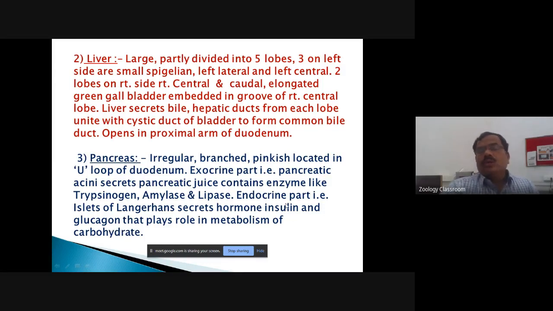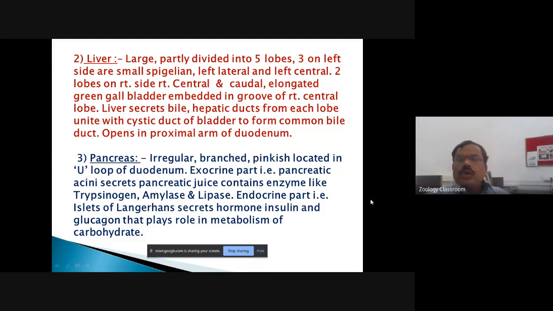So both these hormones play a very important role in the metabolism of carbohydrate. One decreases sugar while the other increases the sugar level. So the proper balance of sugar is maintained in the body of the animal with the help of this endocrine secretion of the pancreas.